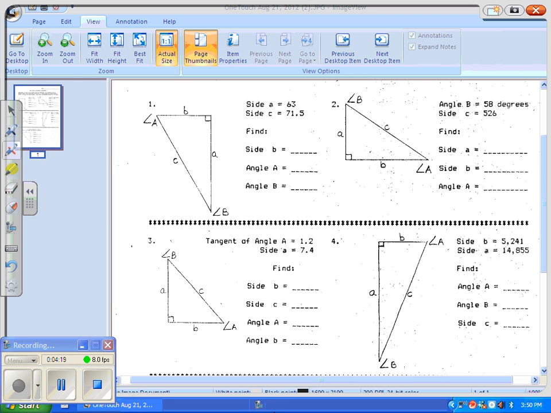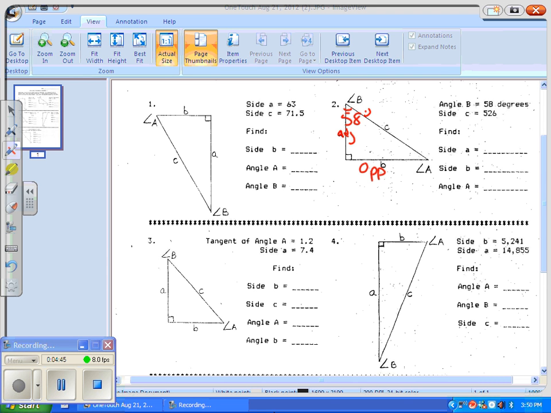Okay, so now let's do the next one, number 2. We have angle B up here is 58 degrees. Now we can look at this angle, but that's not the way we normally do it. But we can do that, right? That just turns this into the side opposite, and this is the side adjacent.